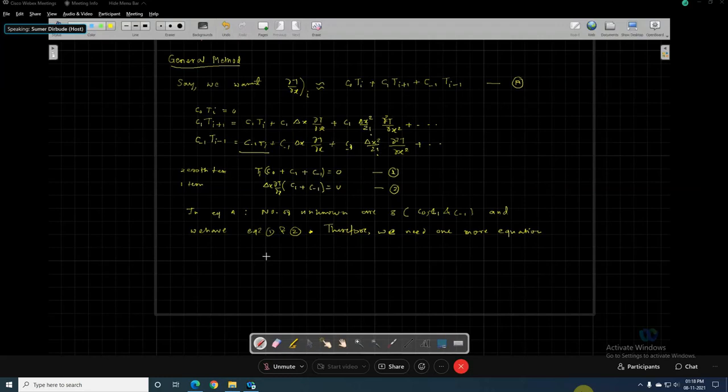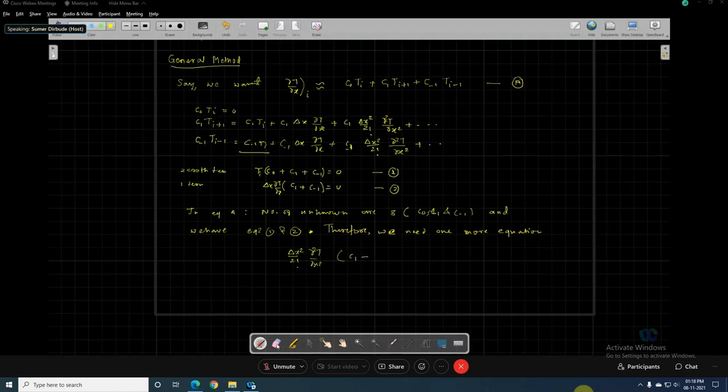So that equation will come as delta x square by 2 factorial and C1.